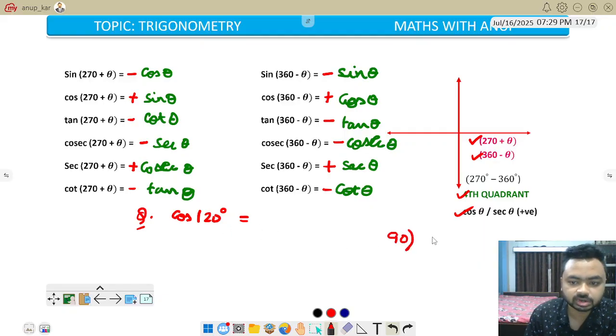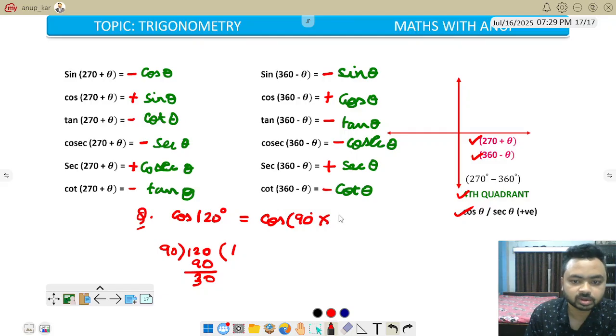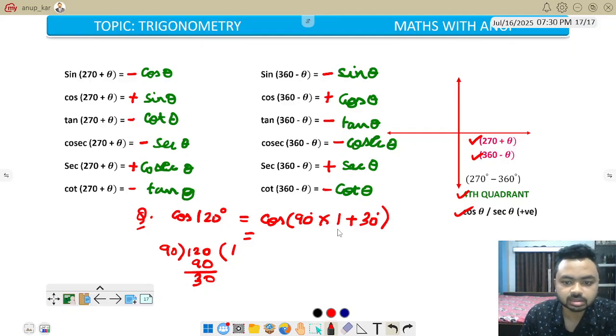So we divide 120 by 90. 90 ones are 90, remainder is 30. We can write it as cos of 90 into 1 plus 30 degree. So cos 90 plus 30 degree.